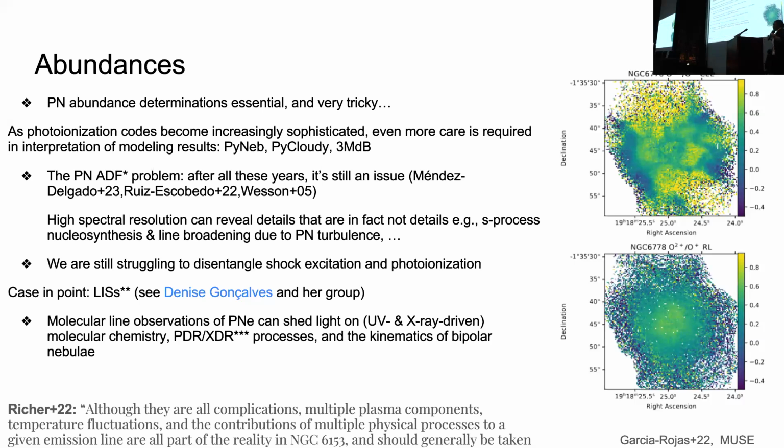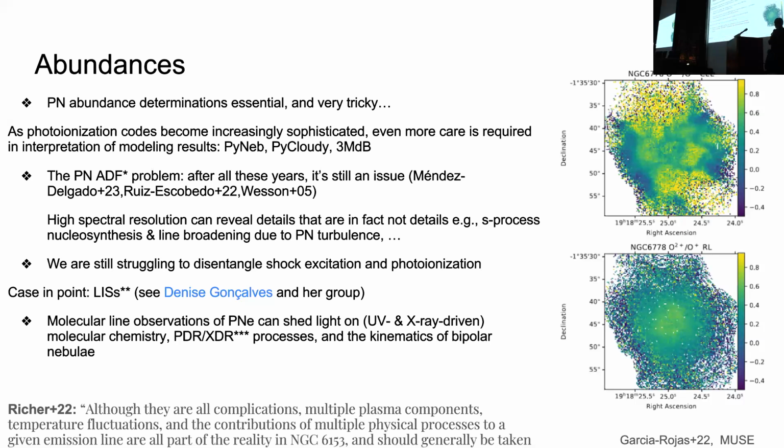So we've been doing plenty of work to have the best photoionization codes, PyNeb, PyCloudy, the 3MdB, but we really need high spectral resolution to be able to disentangle and to have those maps of the distribution of those different ions based on the process that creates them.